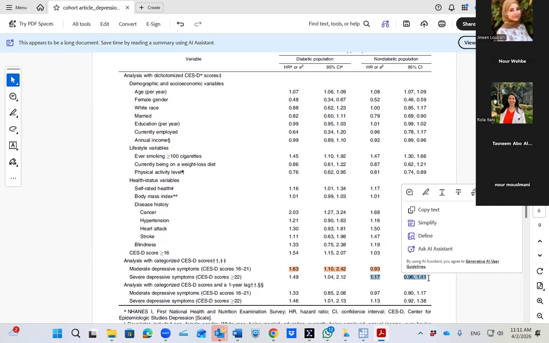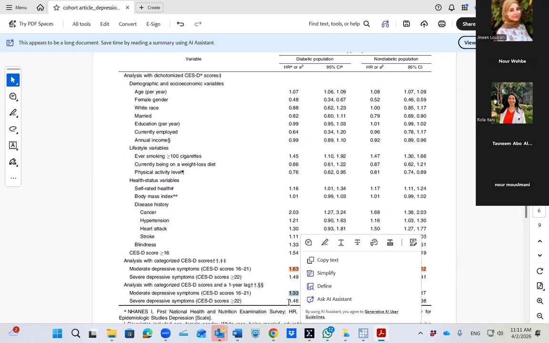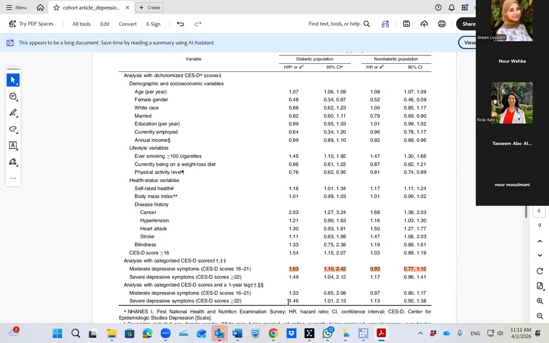They again changed the SSD, with a 1 year lag, so they pushed it a little bit with a 1 year lag. Again, the moderate lost its significance. However, the severe remained significant, and again, the association of depression with mortality was only statistically significant with diabetes.